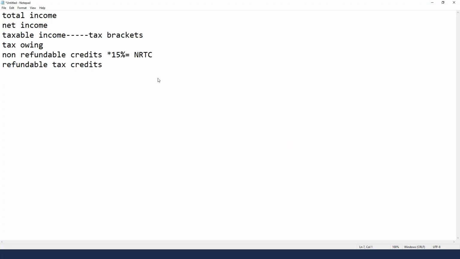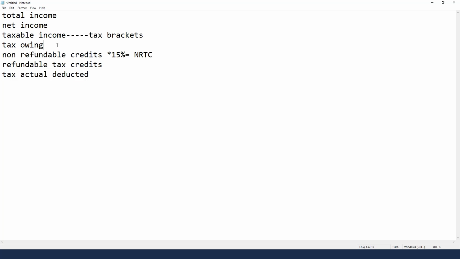And then, of course, you've got your tax actually deducted during the year. So that's very important. Whatever amount of taxes owing you have here, you're going to remove from it the non-refundable tax credits first, and then you're going to remove also the refundable tax credits, but you're also going to remove the tax that you actually ended up paying. So that's the difference.